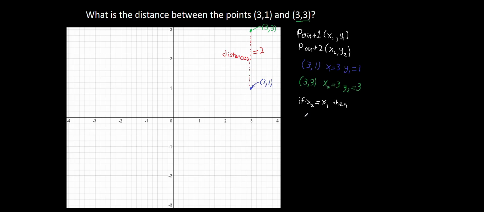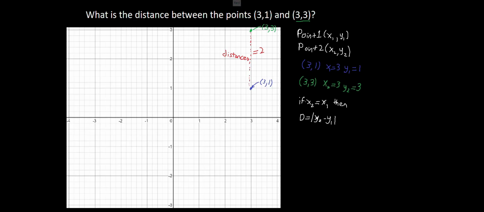Then our distance is going to be equal to the absolute value of y2 minus y1. That makes perfect sense: if our x's are the same, then to get from this point to this point, all we have to do is move in the y direction, in this case 2. And that's the difference between y2 and y1.